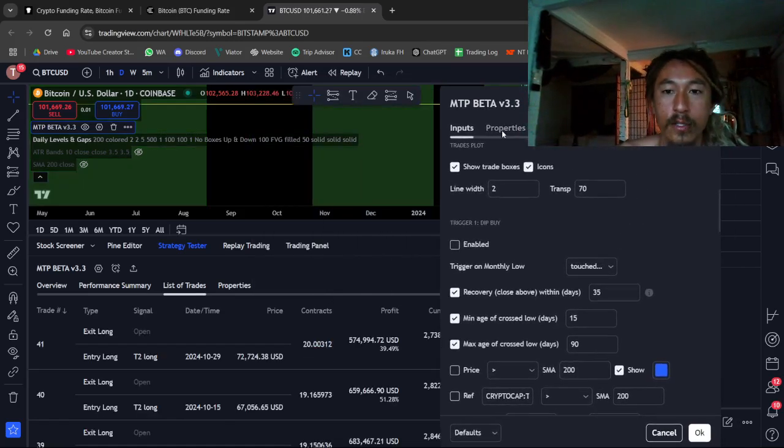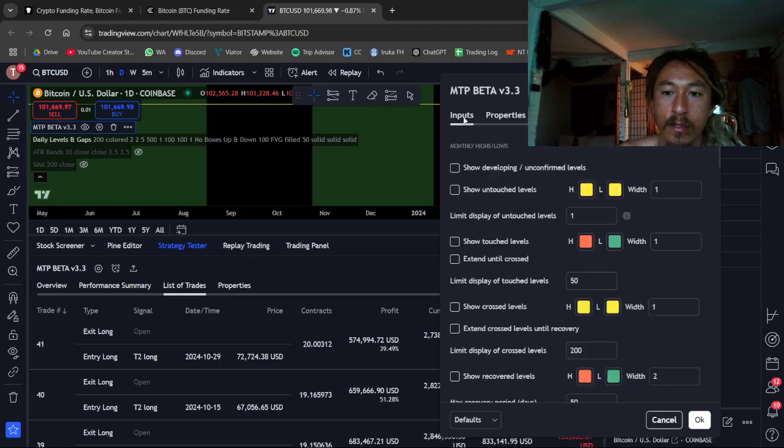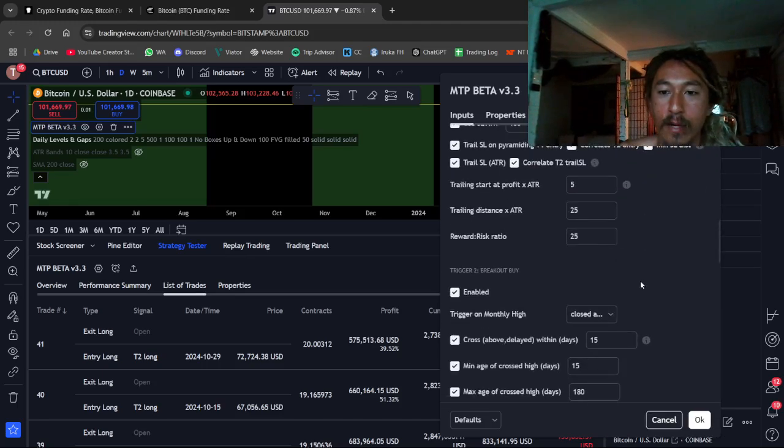We have 41 total trades. And if I were to change this to 3, which is what it was, it goes to 34 trades.